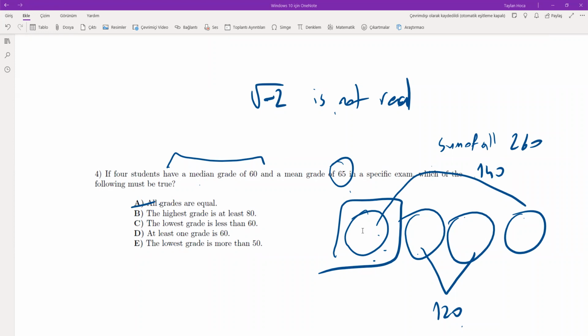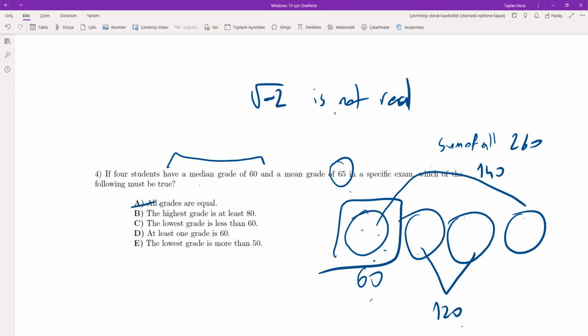I don't think the highest grade is at least 80, because 140 minus 80 leaves 60, and the lowest isn't 60 because the other one is 55.